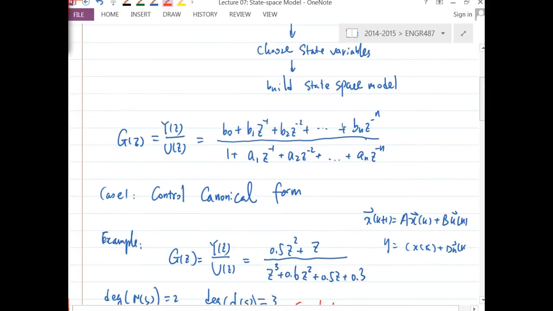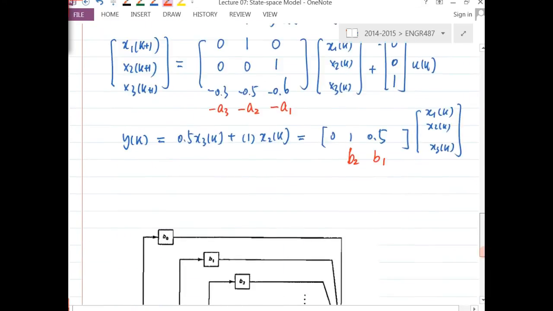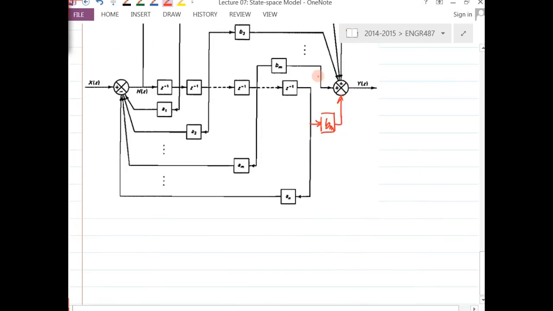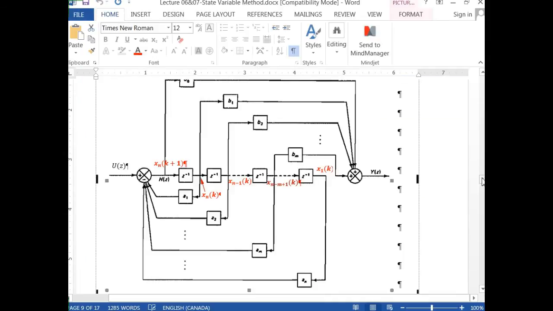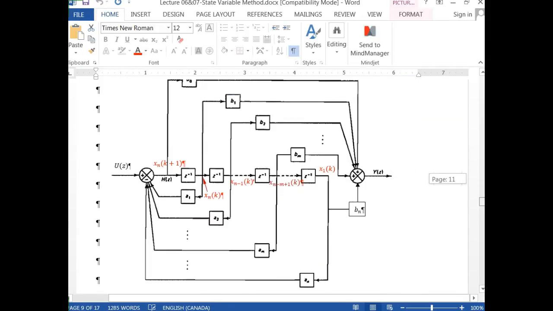Is it okay? And you can do the same thing. You can define essentially the state variable. So remember, how do I define a state variable? Define a state variable here, here, here, here, right? You're going to define n number of state variables, and then you can construct a state space model. And the state space model you constructed will end up with very similar ones.